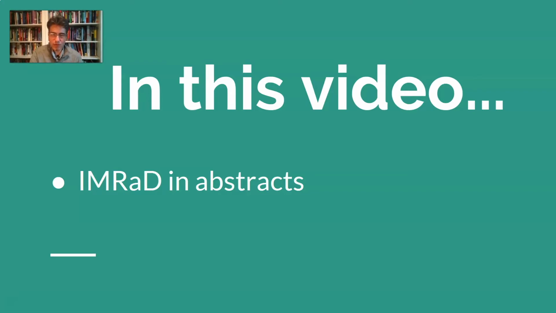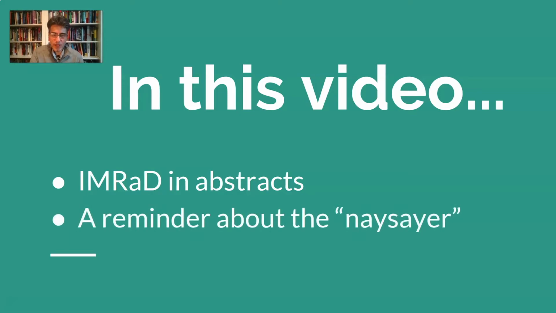We're going to look at why the abstract in particular can be important in an article in this video. And related to that, what the naysayer, you may remember that character from a previous video, has to say about this as well, what her or his role as a naysayer may be when thinking about IMRAD and in particular the abstract section.